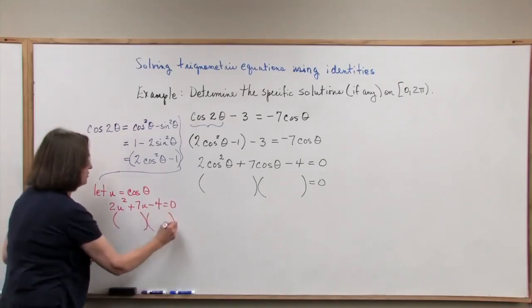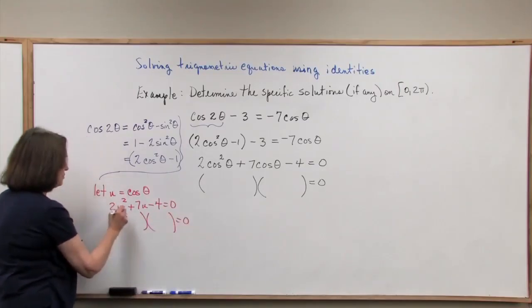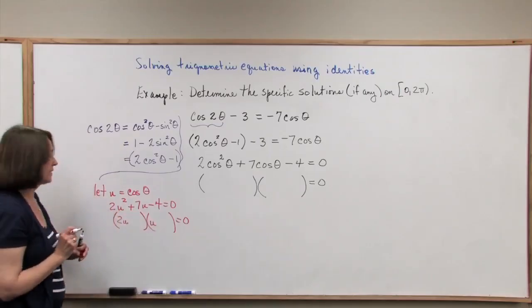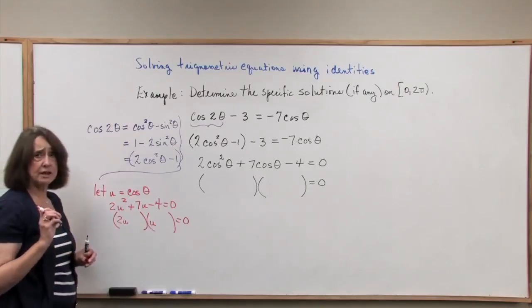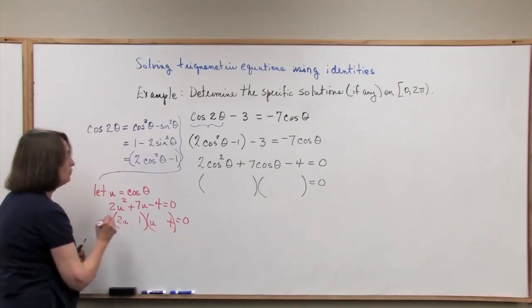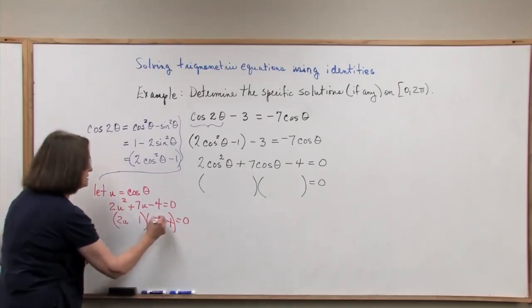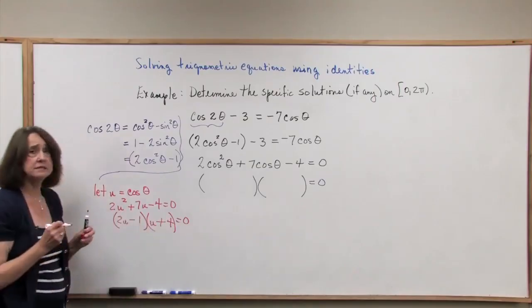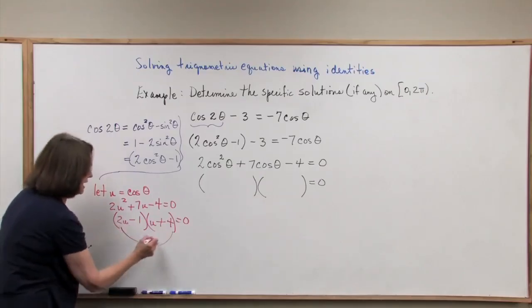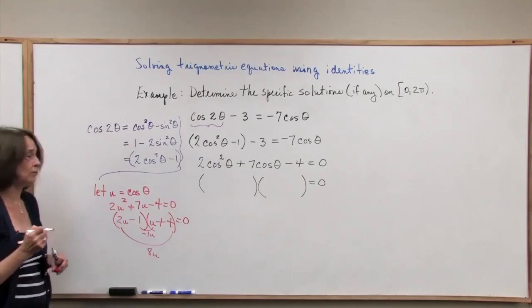I know the factors of 2u squared are 2u and u. And I think the factors that I'm going to need for 4 are 4 and 1, with a plus sign here, minus sign there. Double check: on the outside, I have 8u. On the inside, I have negative 1u.